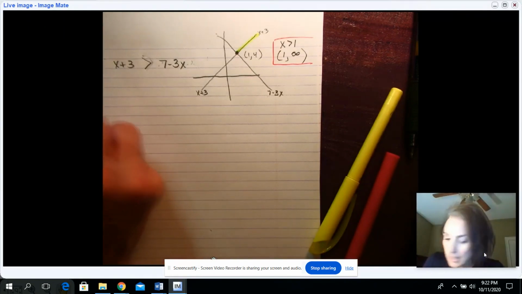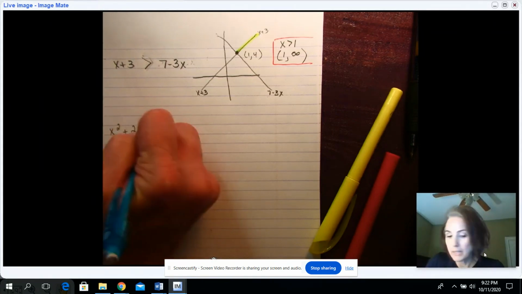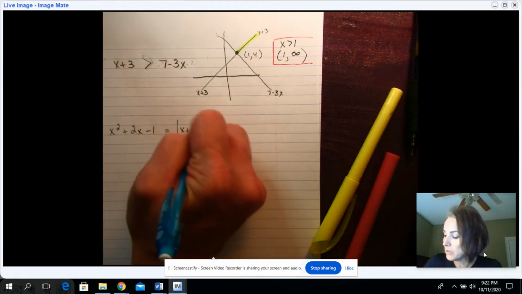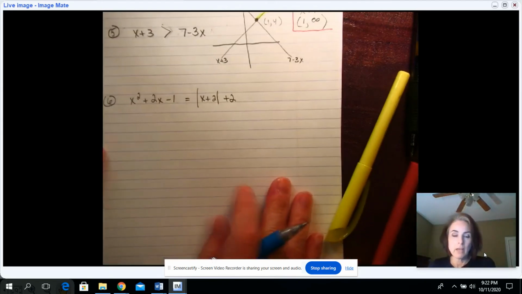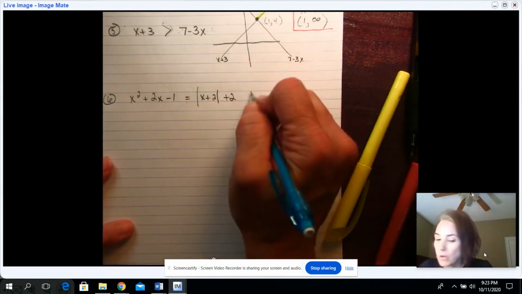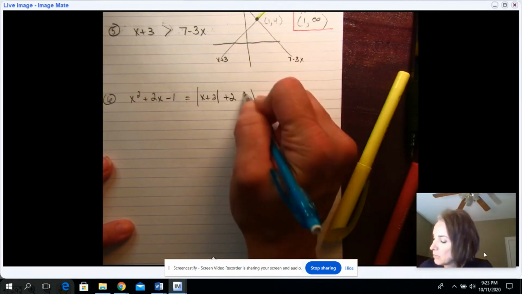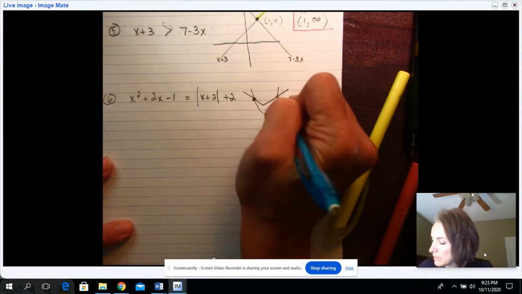Two more real quick. Number 6, x squared plus 2x minus 1. When does that equal the absolute value of x plus 2, plus 2? There's no way you all would have the skill set at this point to solve this. So you would have a parabola, and then you would have an absolute value. They would intersect.